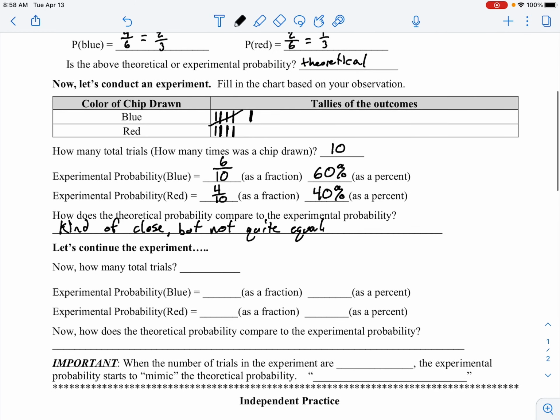All right, so we're going to continue our experiment here. So I'm going to keep using the table up above. We're going to do 10 more draws here. And I got a blue chip, so we're going to continue on with blue. And another blue chip. Got a red chip.